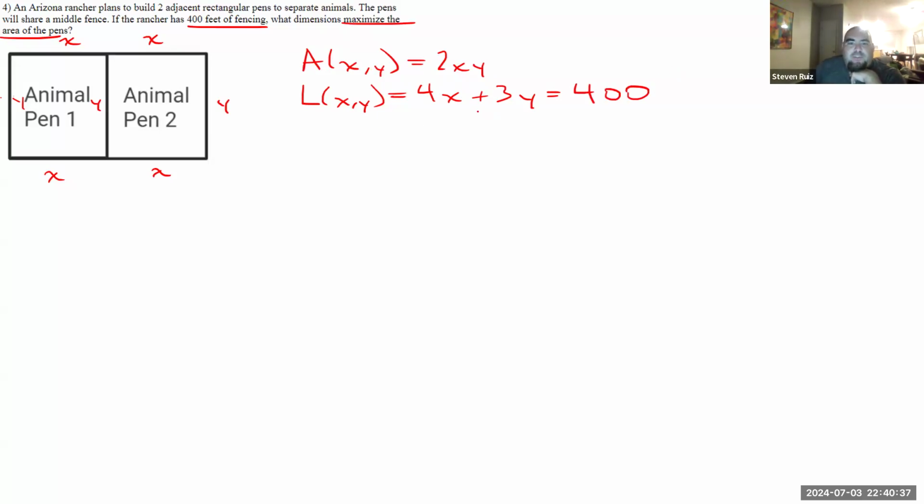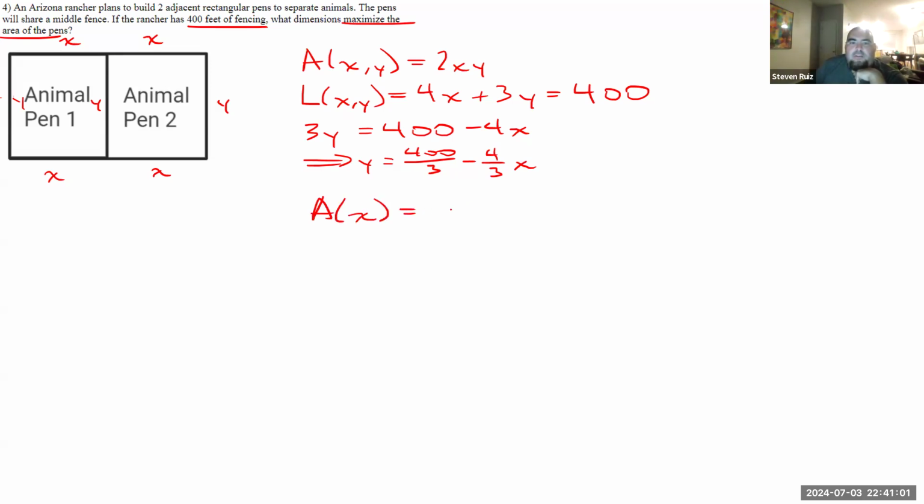I don't think it matters which one we choose. Let's just choose to solve for y. So 3y equals 400 minus 4x, which means that y equals 400 thirds minus 4 thirds x. So that gives me a way to write the objective function in terms of x only.